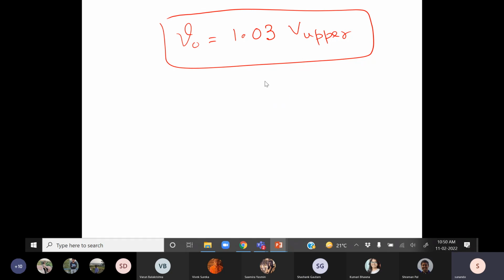So the batsman will have no problem playing it in a specific way, considering it is a fast ball which is coming straight towards him or her. If it is 1.01 times v upper, what would happen?